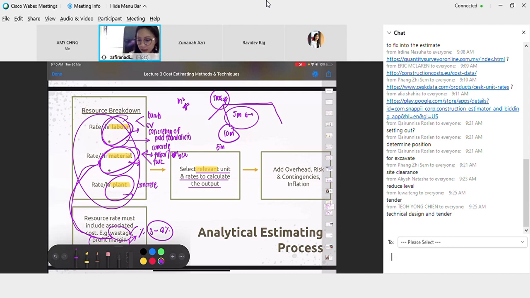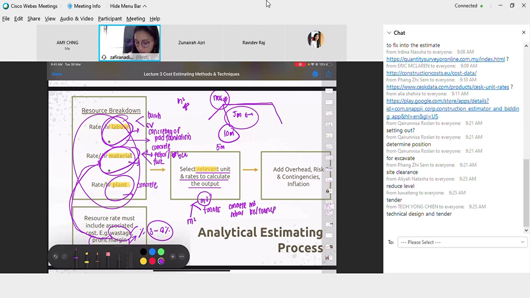Dan certain things kalau you perasan dekat dalam BQ ada yang meter cube, ada yang tons, betul tak? Usually steel pakai tons, ada yang meter square. So you kena guna relevant. Katakanlah concrete kita kira meter cube, dan rebar kita kira kg ataupun tons.